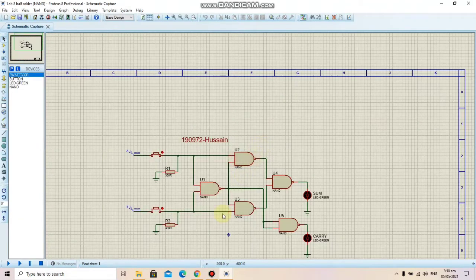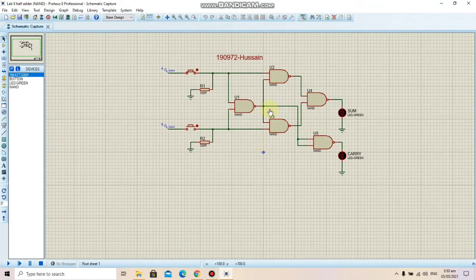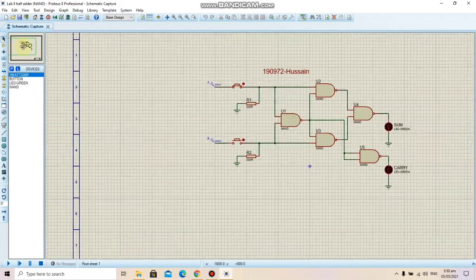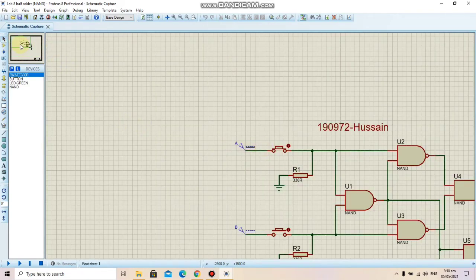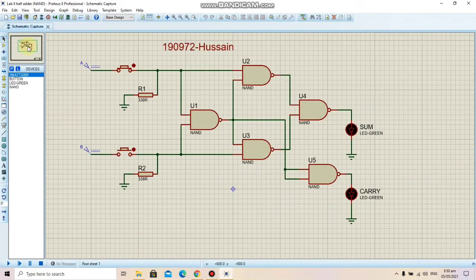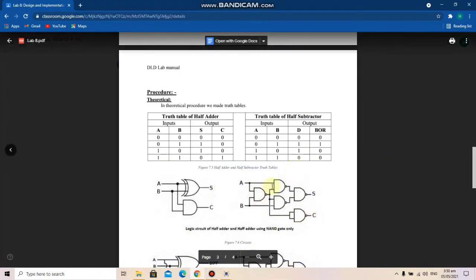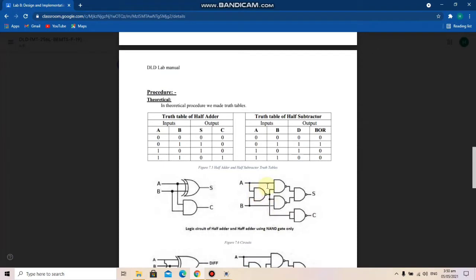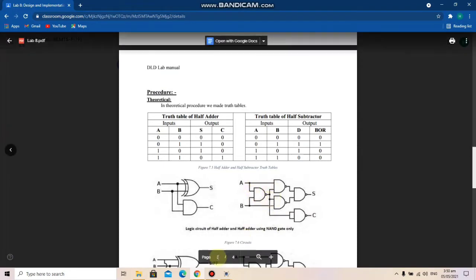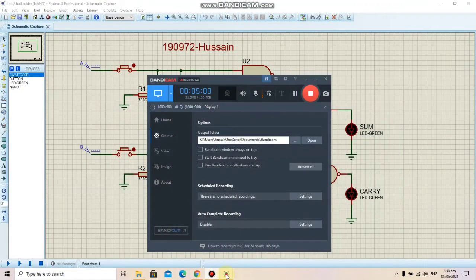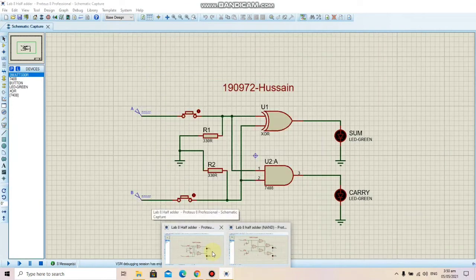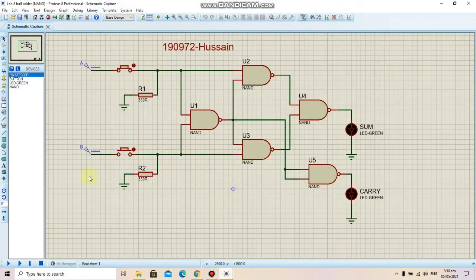Here is the NAND gate implementation, in which I have just implemented this circuit here. Let's check this also. It should also give us the same adder output.